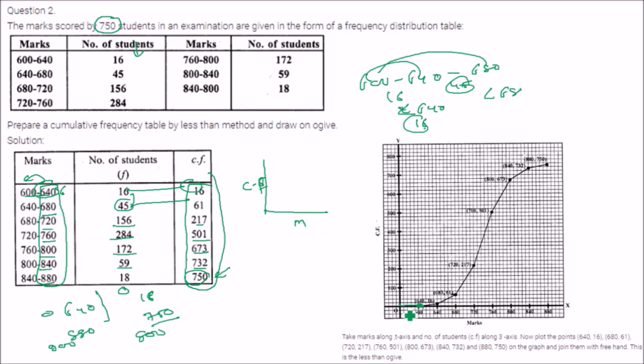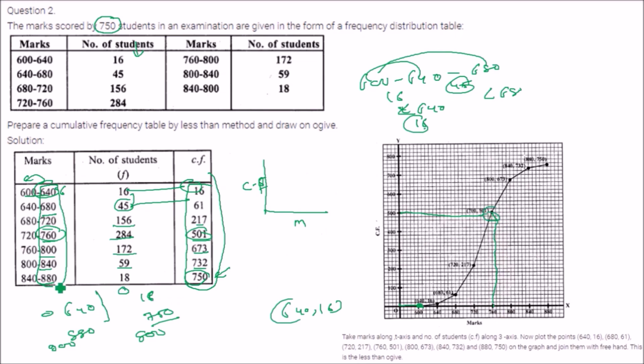The first point here is x is 640 and y is 16. Let us take some other points. Say 760 and 501. So come to 760, which is this one, and 501. This is 500, so 501 will be somewhere here. This is another point.